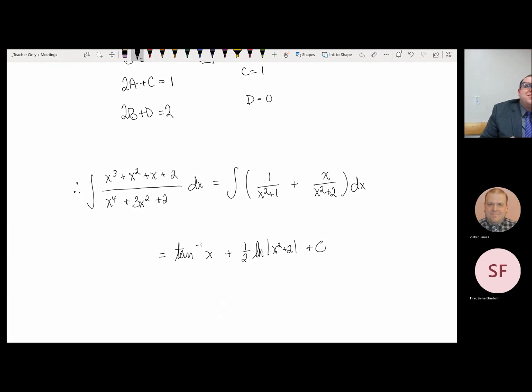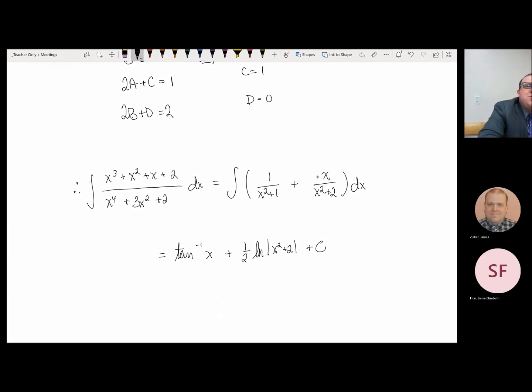Where does the one half come from? It's a u sub. Right here: what's the derivative of x squared plus 2? Right, 2x. There's your x dx. What are you missing? A 2, right?